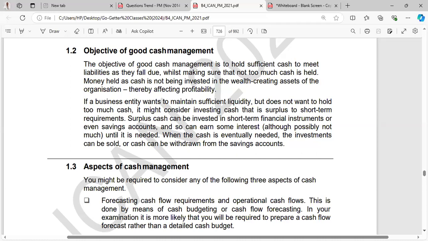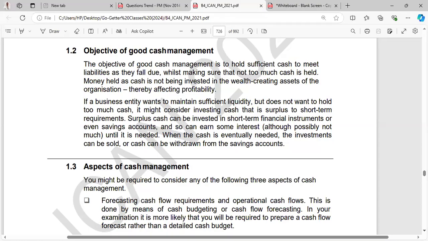Now, if a business wants to maintain sufficient liquidity but does not want to hold too much cash, what can the business do? It might consider investing any cash that is surplus to short-term requirements.